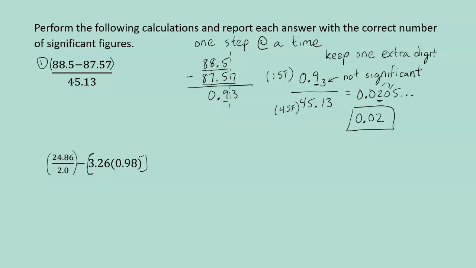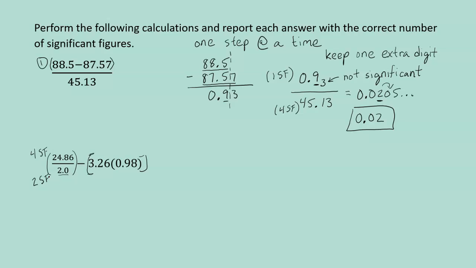Each time we're going to look at the number of significant figures because these are division and multiplication steps. In the first number, 24.86, all of those are significant, and we've got 4 sig figs. In the bottom number, yes, that 0 is significant because it comes after a non-zero digit and there is a decimal. It doesn't matter where it's at. And so that's 2 sig figs.